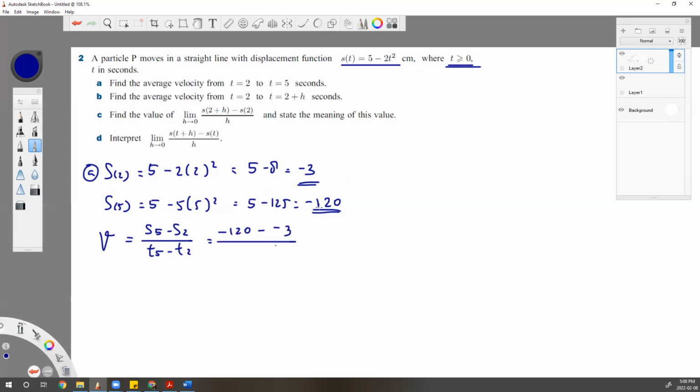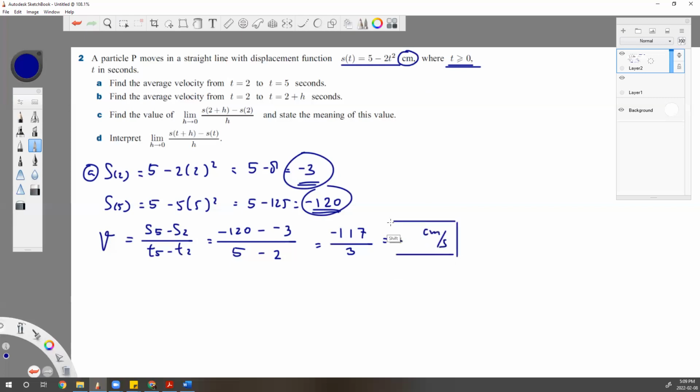Just insert s(5) and s(2) here, over 5 subtract 2. Look at the unit, centimeters per second, negative. So it is going backwards, because it is negative.